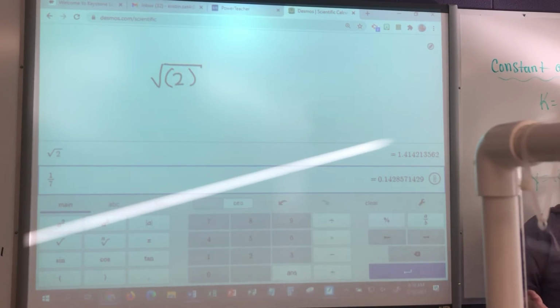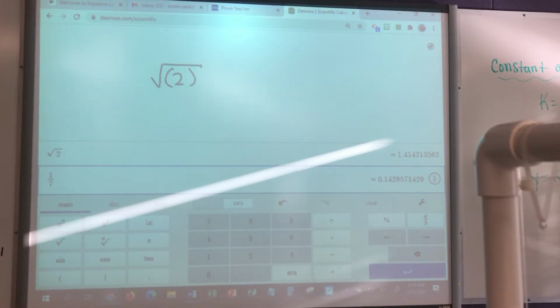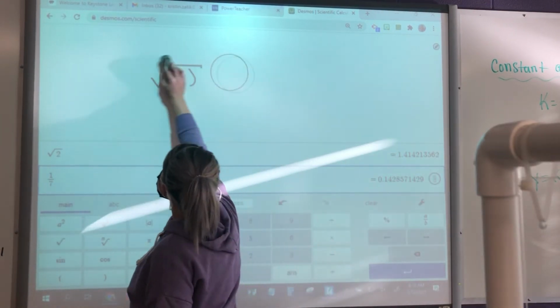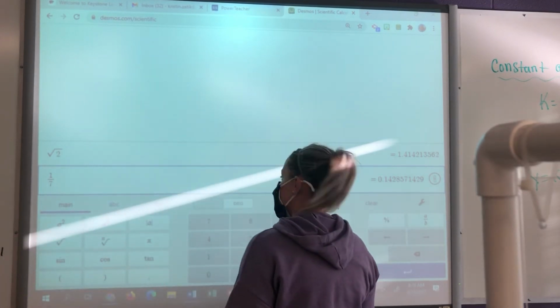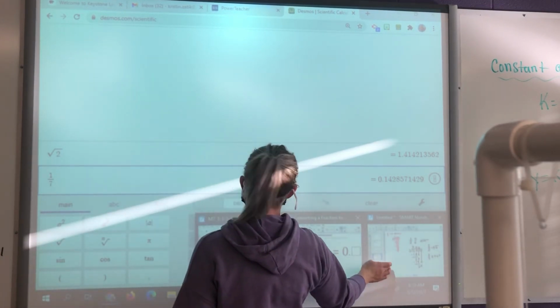So it may look like an irrational number, but 1/7, 2/7, 3/7, 4/7, those are not. Yes, Jared? Mine only goes up to 1.41421. That's the Photomath calculator? Okay. All right, let's forge ahead. Just some things to see and think about, right?